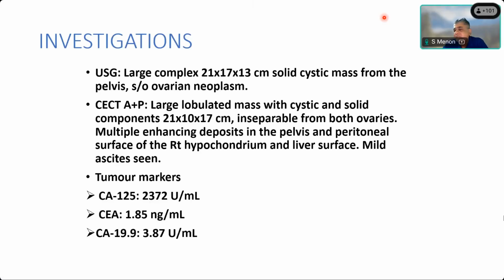Any random, just speak up. Just tell me what you think. Is a raised CA125 equated to ovarian cancer? Yes, sir. Please check the levels of CA125 for serous tumors of the ovary. Okay, only serous tumors of the ovary.